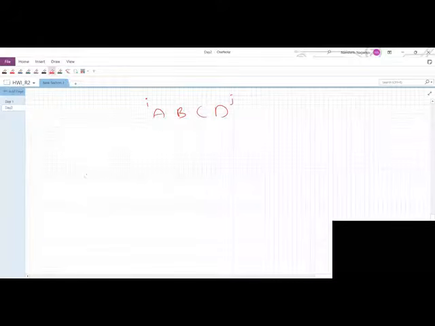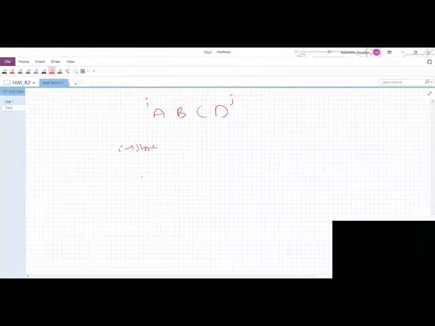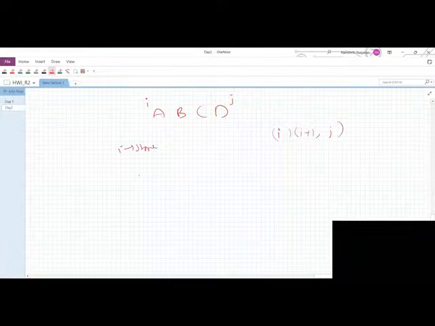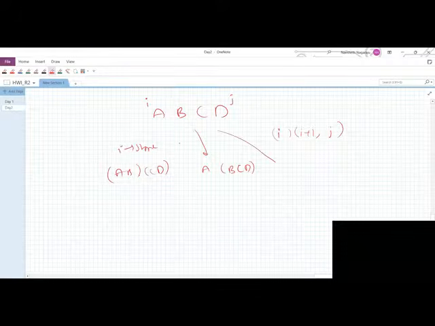If we start from I, we can take I alone and from I plus 1 to J completely. One possible way is taking just A and everything from B to D. Other possible ways are taking A, B and C, D, or taking A, B, C and D separately.